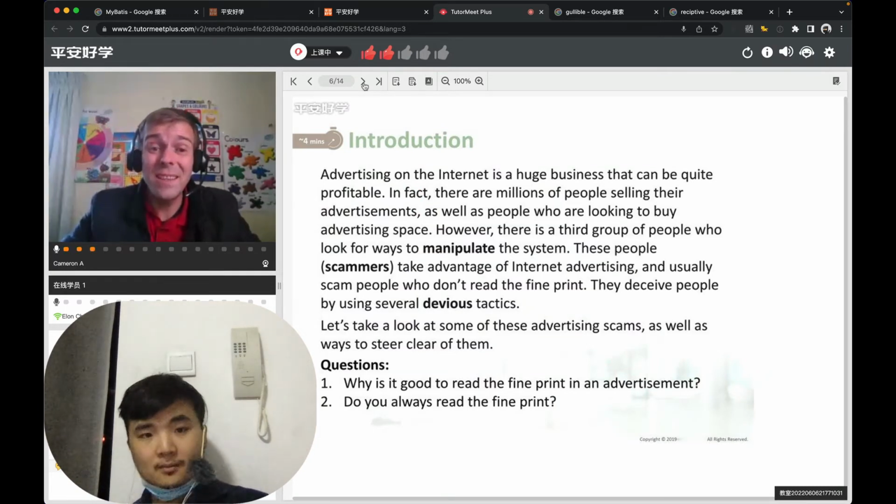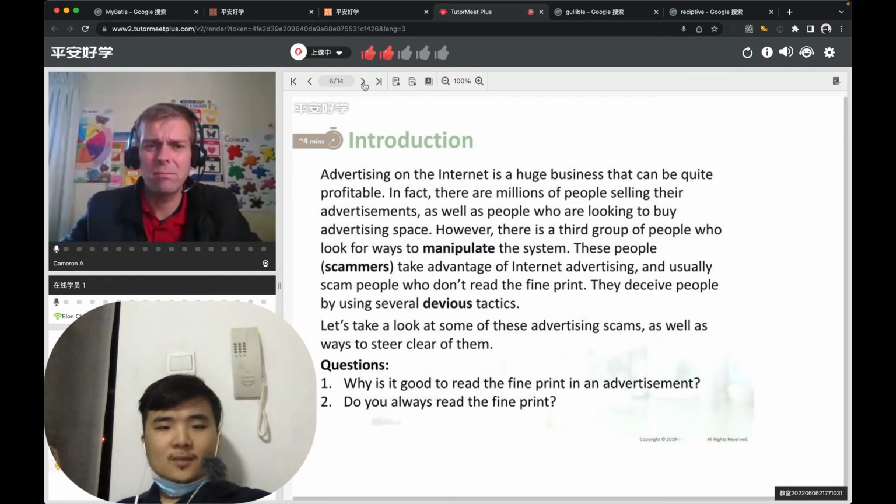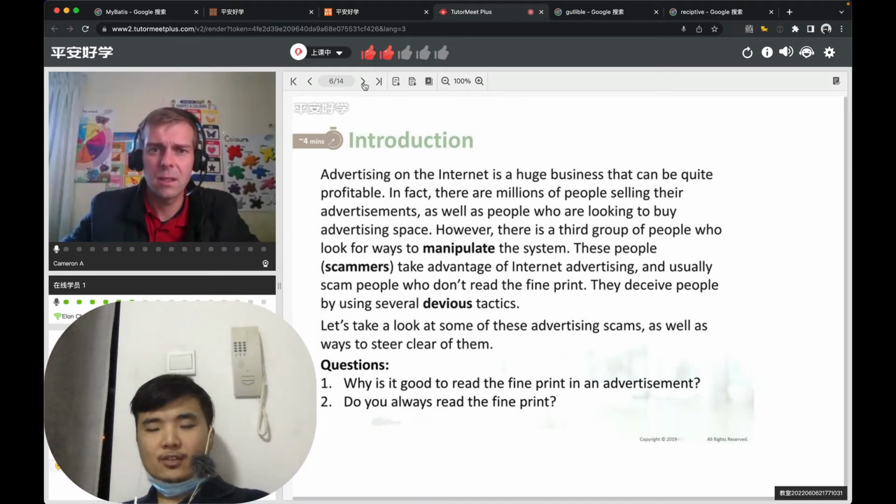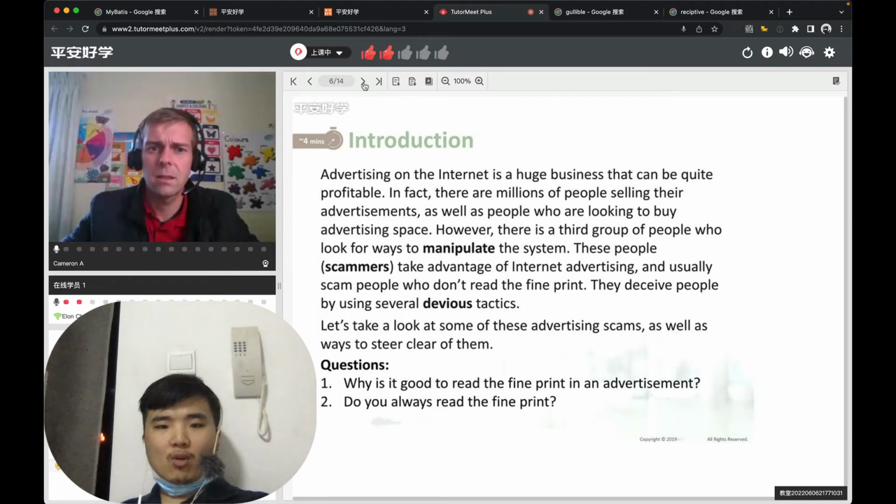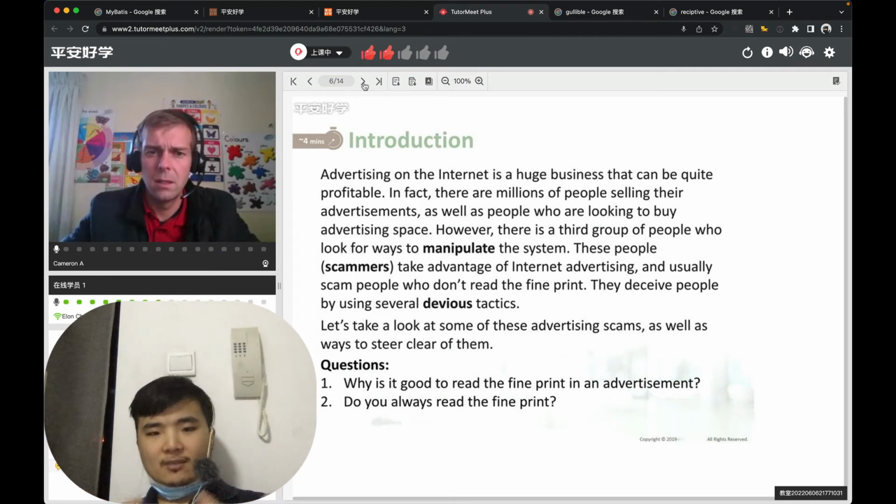Right, can you read this page for us, please? Advertising on the internet is a huge business that can be quite profitable. In fact, there are millions of people selling their advertisements, as well as people who are looking to buy advertising space.